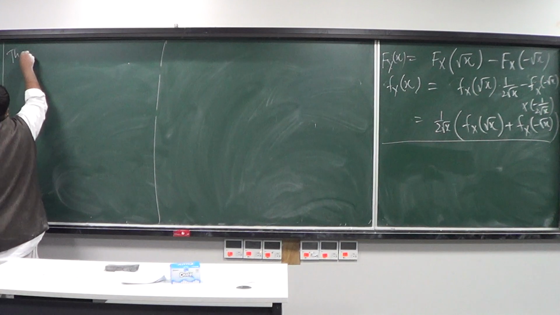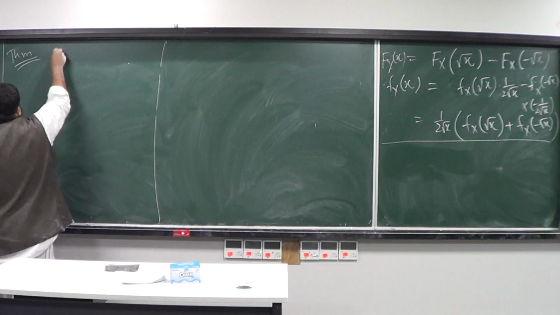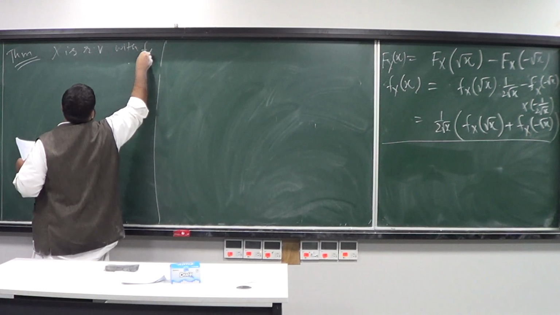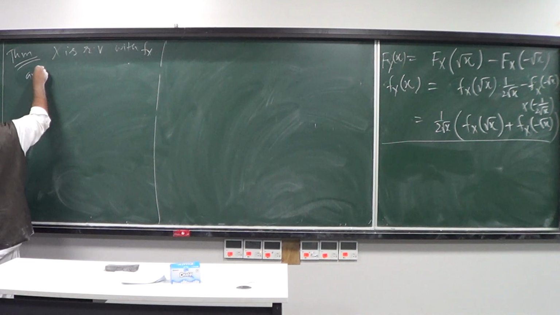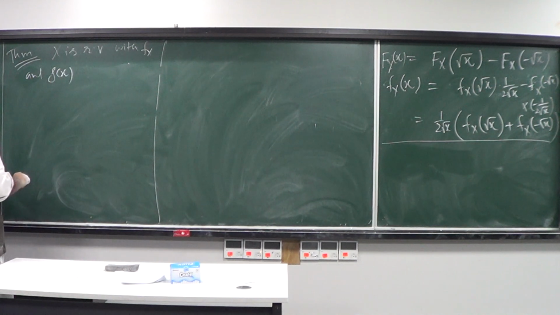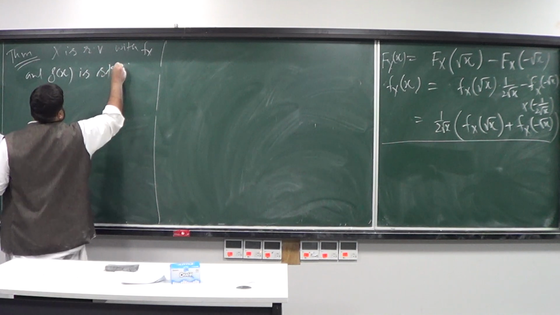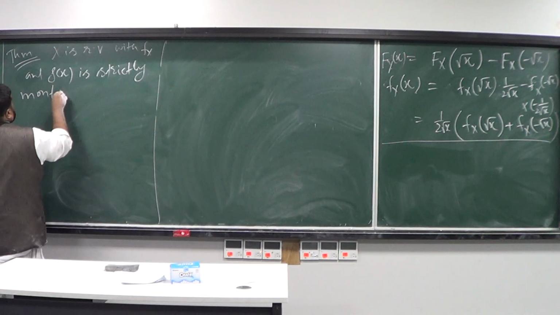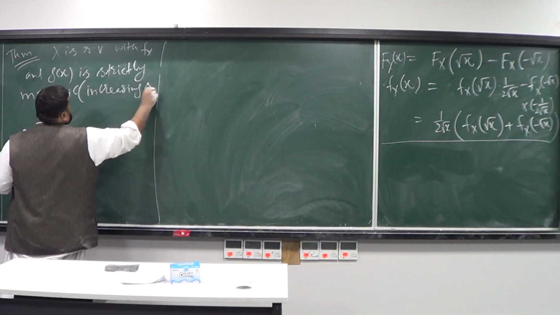So here's the theorem that says suppose X is a random variable with density f_X, and g(x) is a strictly monotonic function. In other words, it is either strictly increasing or decreasing.